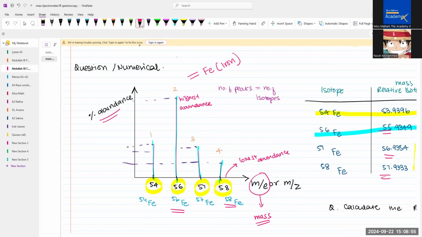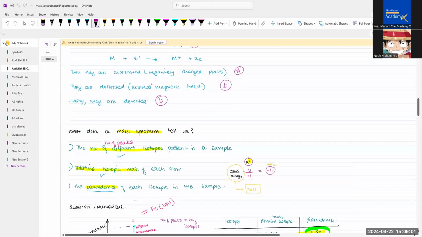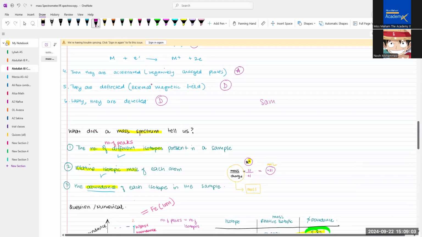Okay. Now what goes inside the mass spectrometer? Inside the mass spectrometer goes a random sample. And this sample goes through 5 processes: vaporization, ionization, acceleration, deflection, and detection.